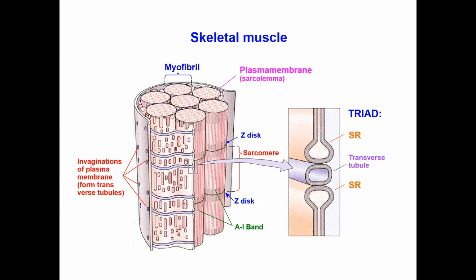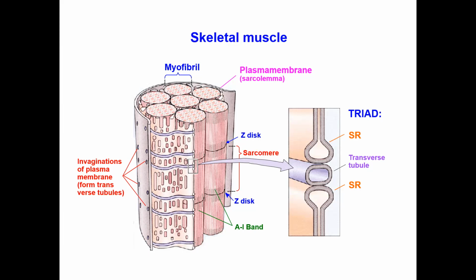That is the first step, and that is an electrical process. Following this electrical process, there will be a mechanical process. It means the actin and myosin filaments are sliding against each other, and that produces the mechanical power.